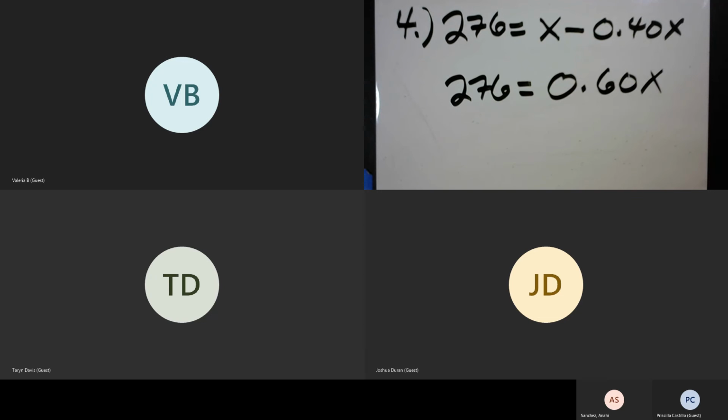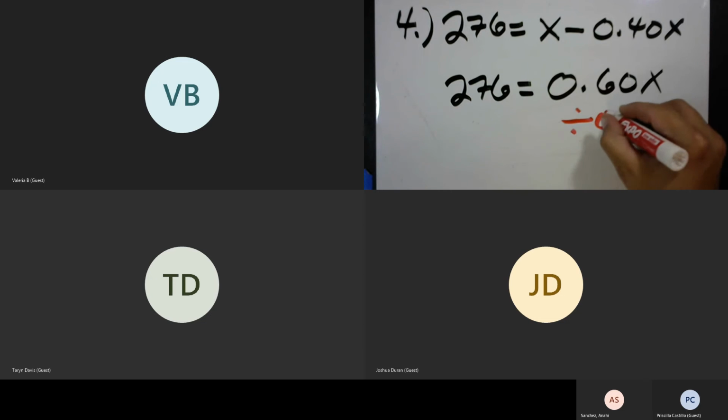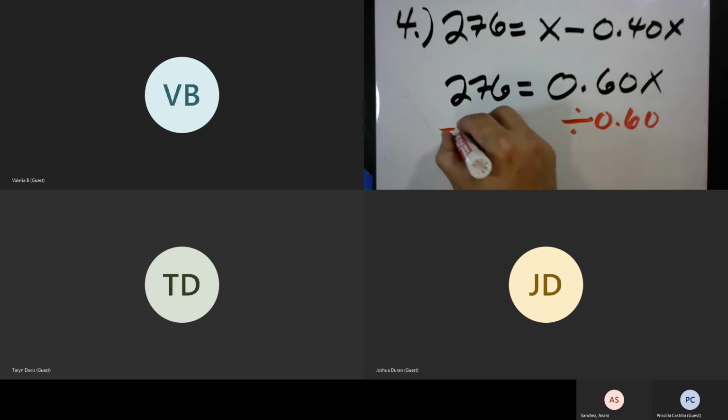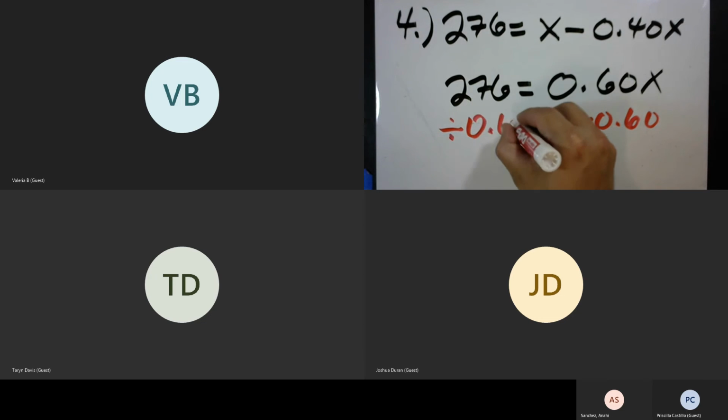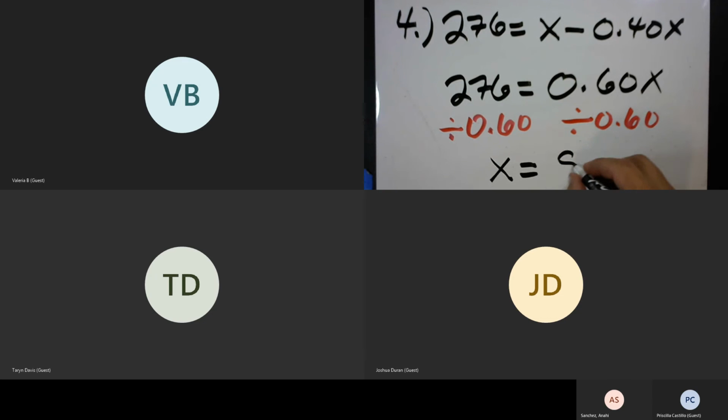Then we can divide both sides by 0.60 or 0.6. And what we'll get is x is $460. So any questions about that so far?